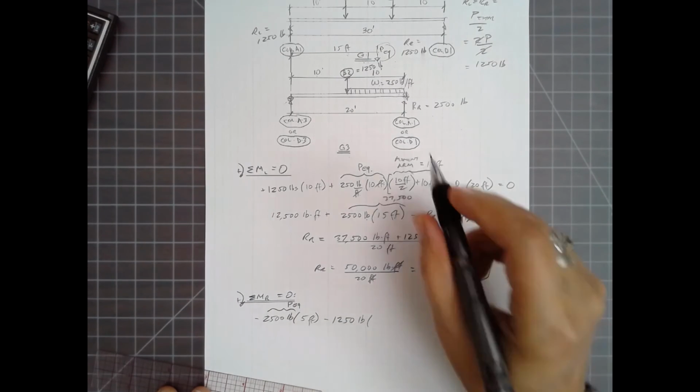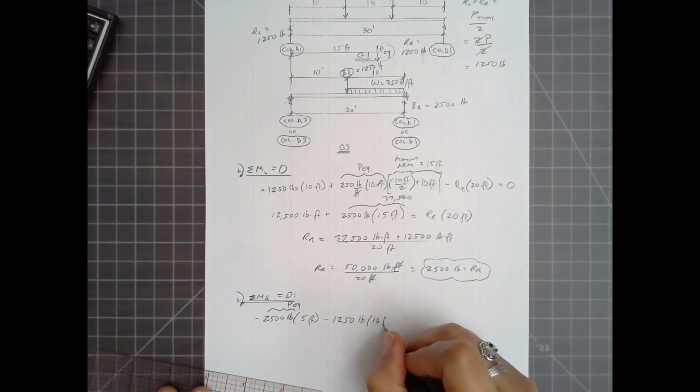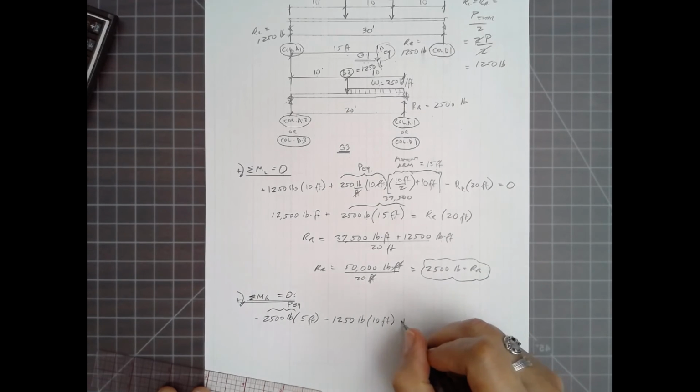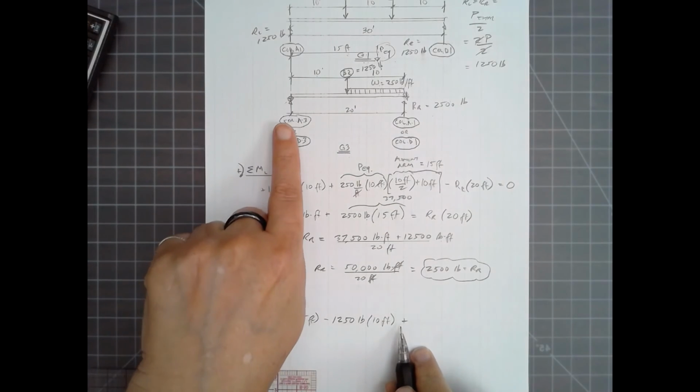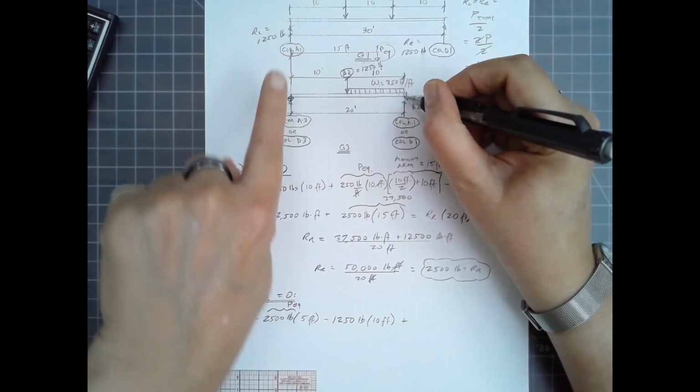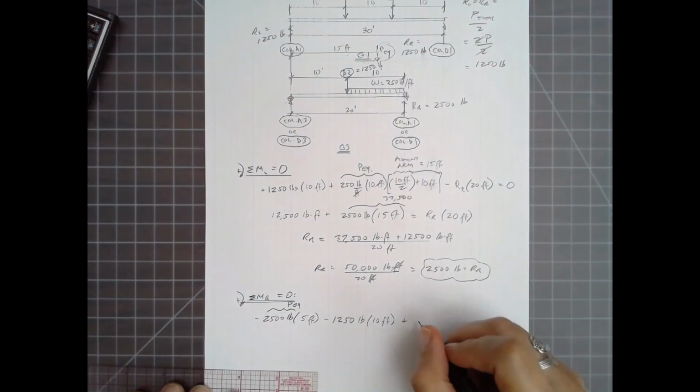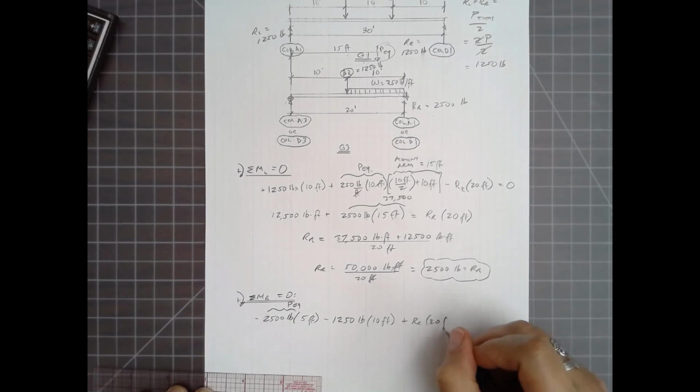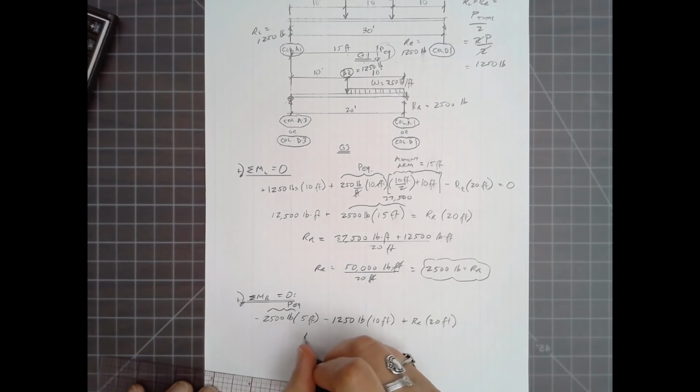That's 10 feet away. Now my left-hand reaction would rotate clockwise, and so that is a positive sign, and it's 20 feet away. And this all balances to 0.